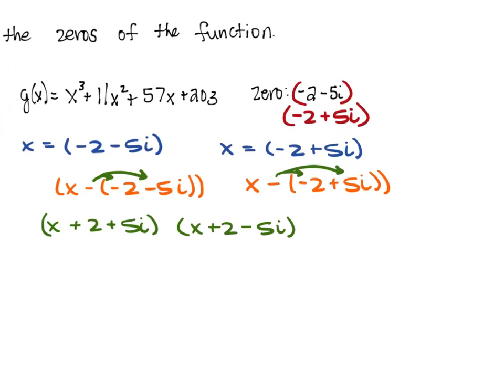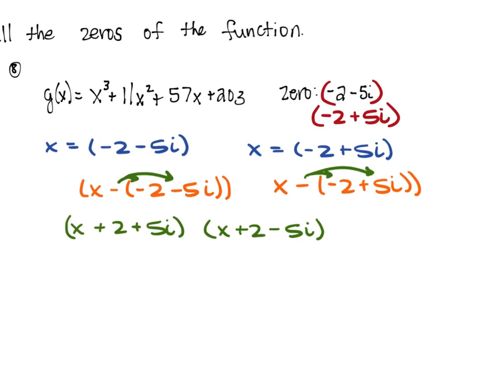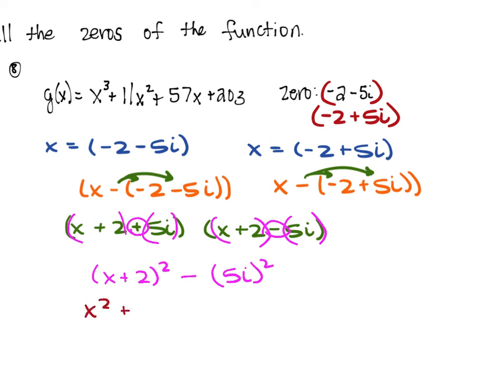From here, you want to multiply. When we multiply, think x plus 2, x plus 2. So we're going to do x plus 2 squared. Opposite signs, 5i, 5i. So that's minus parentheses 5i squared. That x plus 2 squared is going to give us x squared plus 4x plus 4.